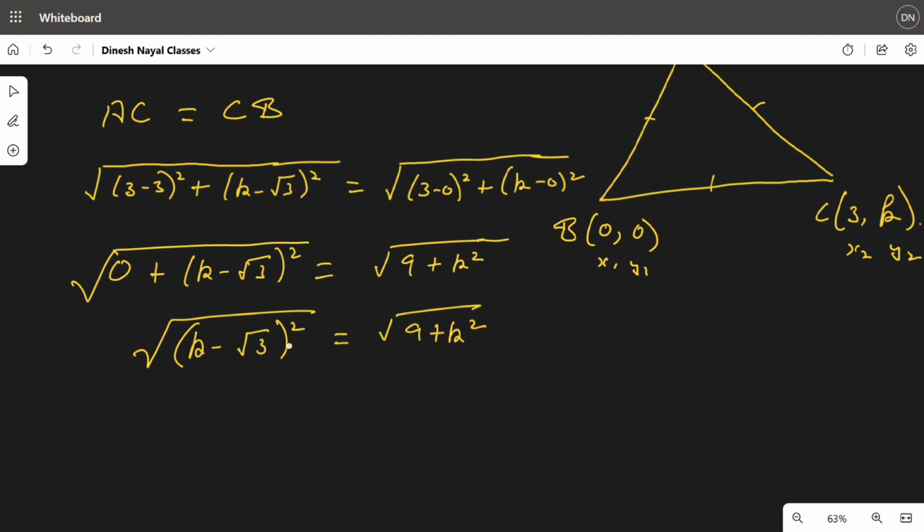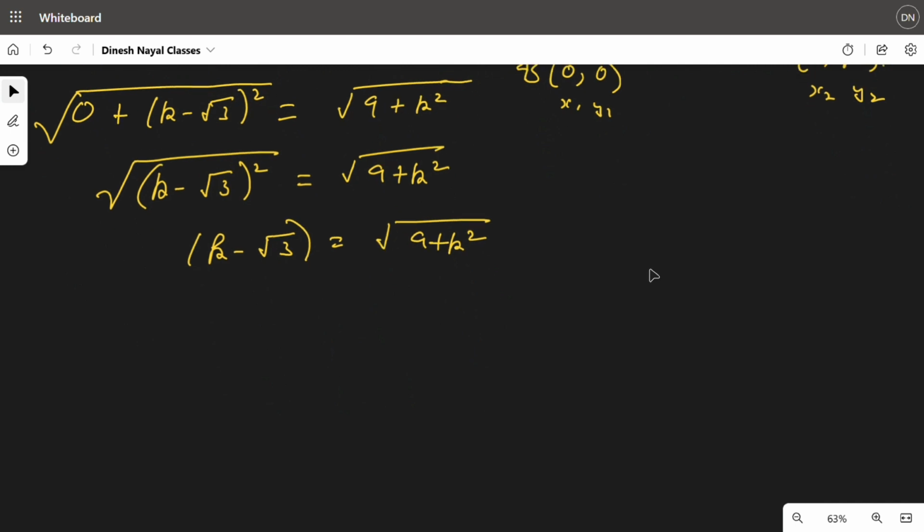Now see, this root and square will cancel out each other. So this will be k minus root 3 equals under root of 9 plus k square. Now taking square on both the sides, k minus root 3 whole square equals 9 plus k square.